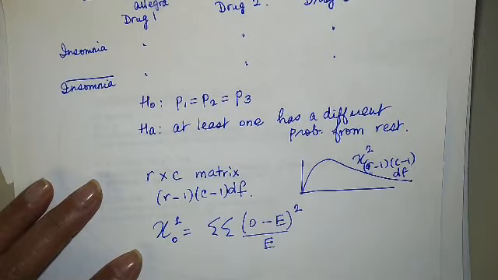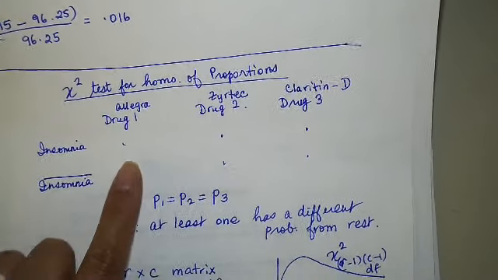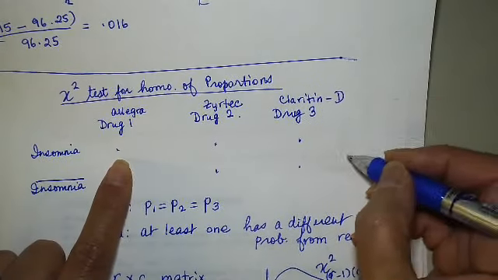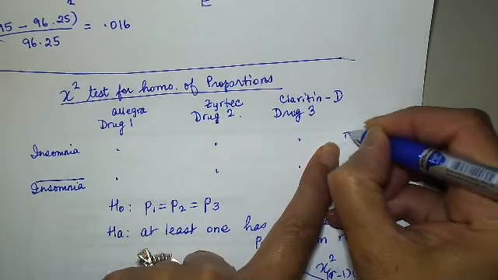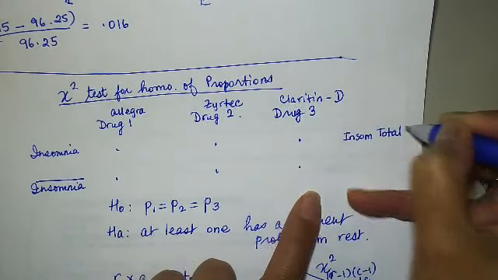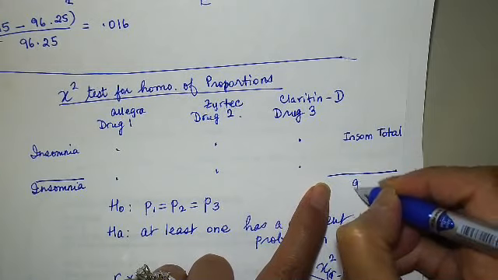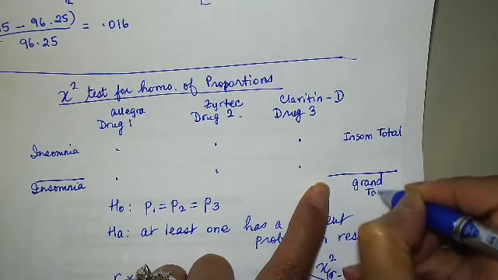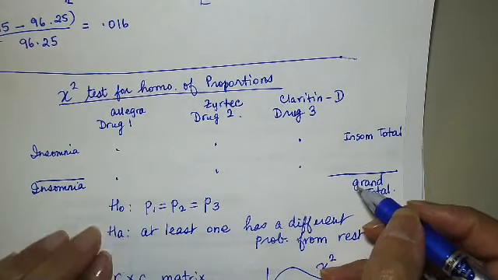We create an expected table and we do this again. Chi naught squared equals summation over all rows and columns of observed minus expected squared over expected. And you're not going to do this by hand, you're going to let the calculator do it.